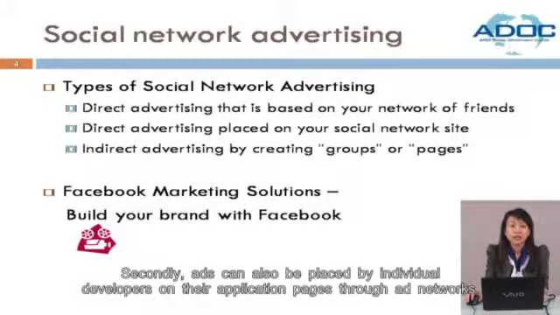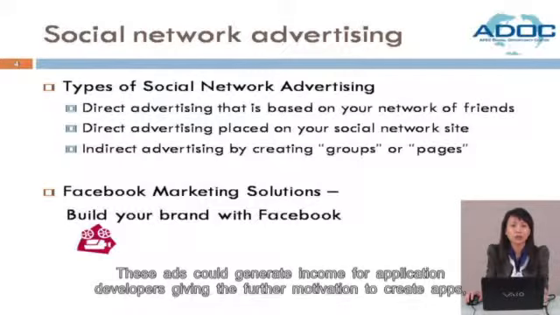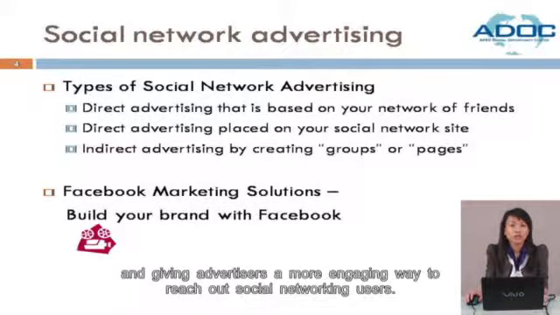Secondly, ads can also be placed by individual developers on their application pages through ad networks. These ads could generate income for application developers, giving them future motivation to create apps and giving advertisers a more engaging way to reach out to social networking users.